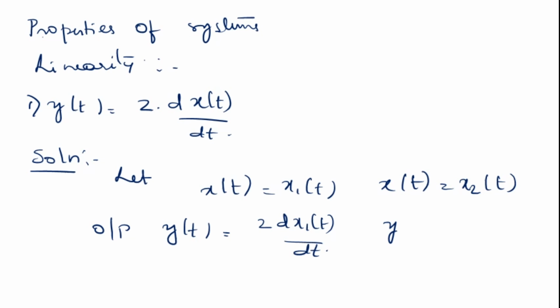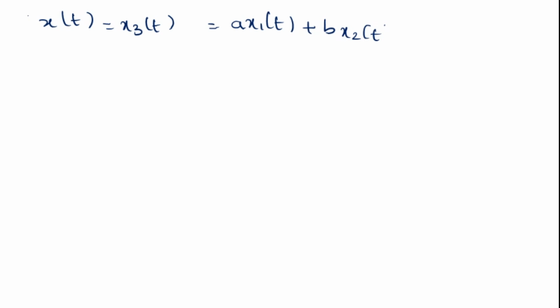Similarly, here output y2 of t is equal to 2 into dx2 of t divided by dt. Then once again x of t is equal to x3 of t, which is a x1 of t plus b into x2 of t.